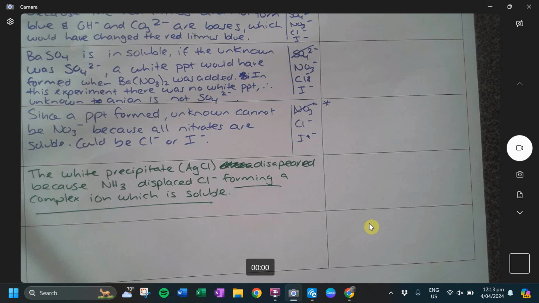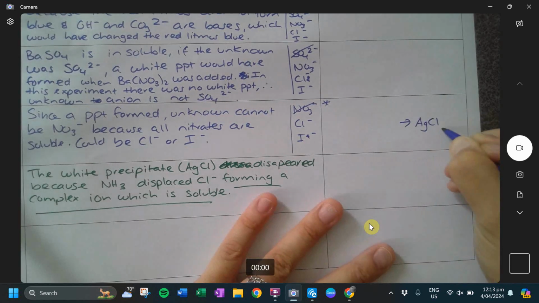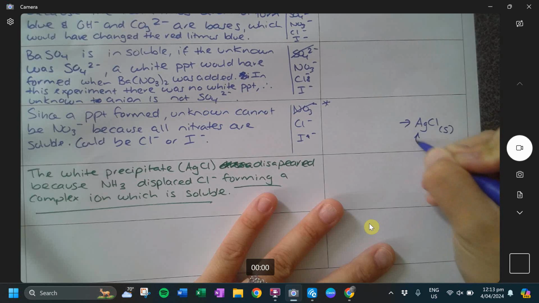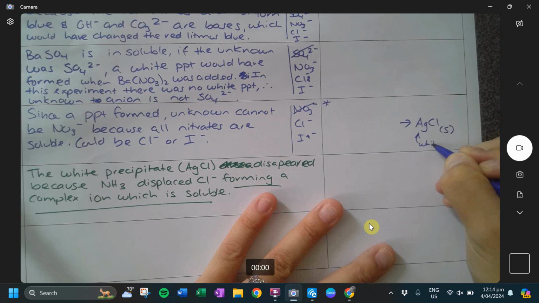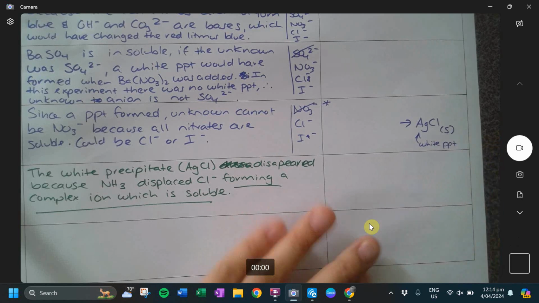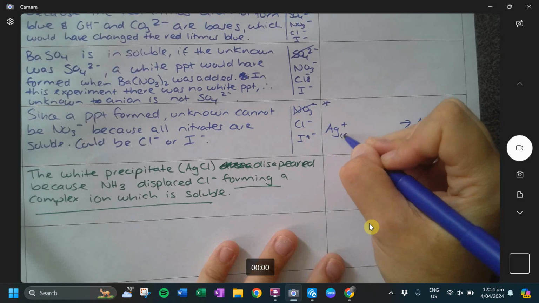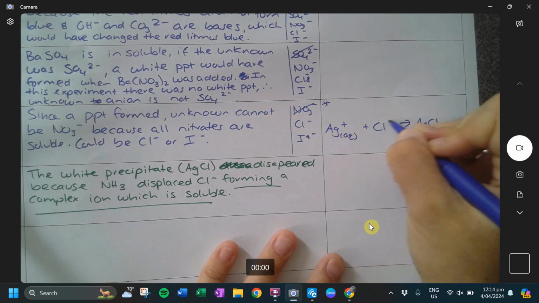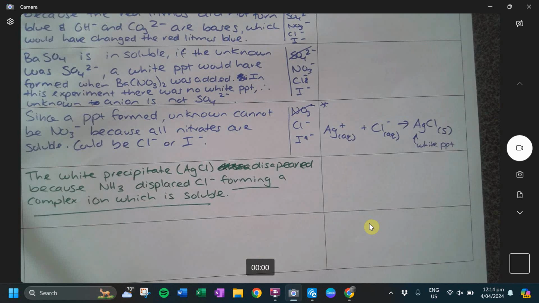So we start our equation with our product, which is silver chloride, which is solid. If you want to double check yourself, you can write that this is the white PPT. And I had silver, which is aqueous, plus chloride, which is also aqueous, coming together to form silver chloride.